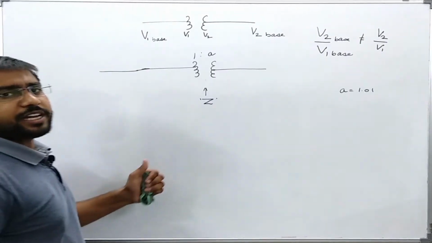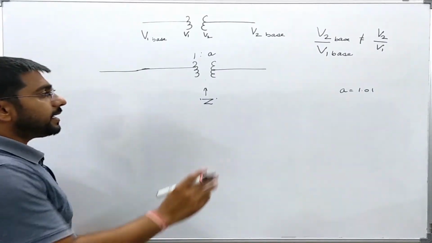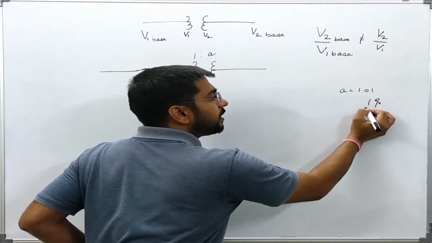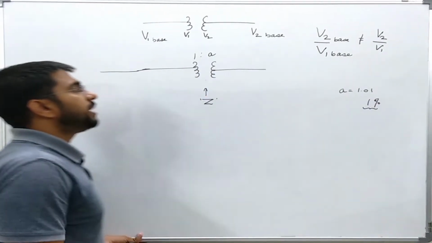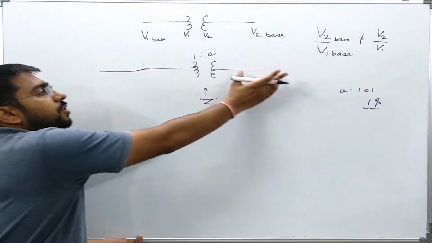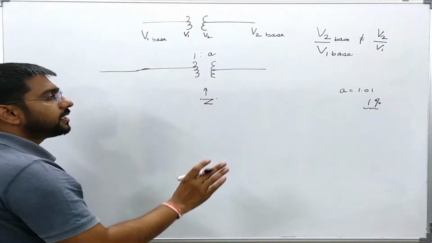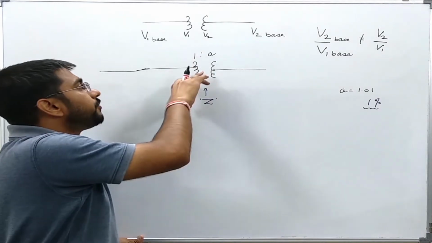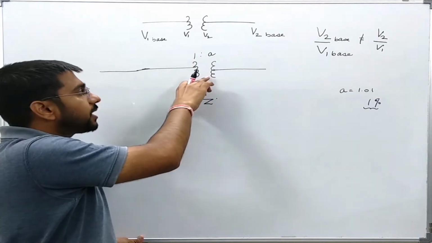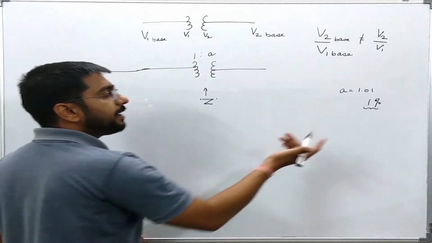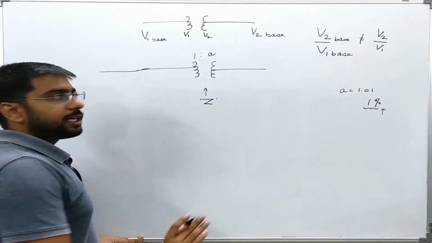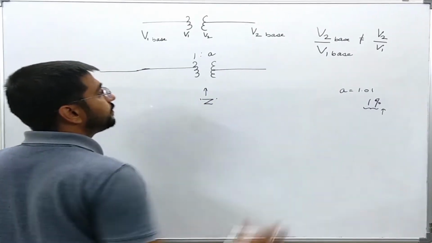So what does it mean? It means that it is having a 1% difference between the various base voltages on both sides. That is, if this is some kind of magnitude regulating transformer, it is giving a 1% uplift to the voltage magnitude on this side.